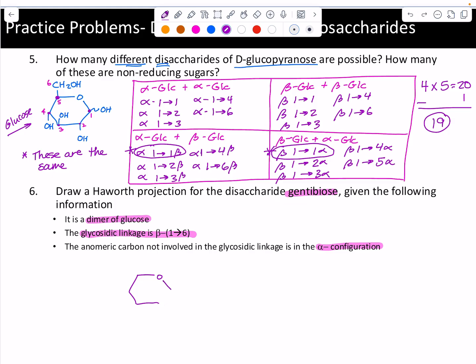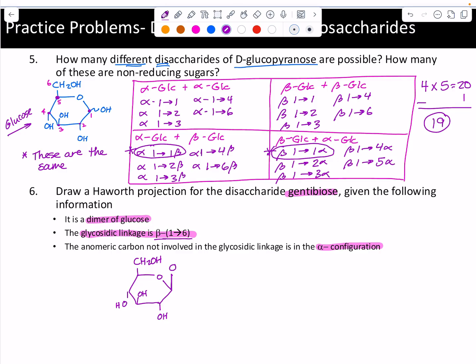That's a terrible hexagon. There we go. So this is my first unit of the gentiobiose disaccharide. The linkage is beta 1 to 6. Beta means that my anomeric hydroxyl is going to be above the plane of the ring, so there's my oxygen.